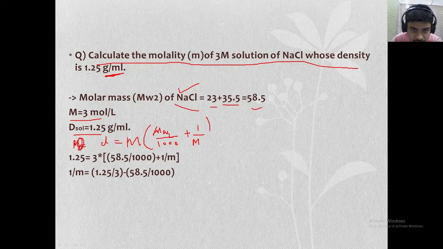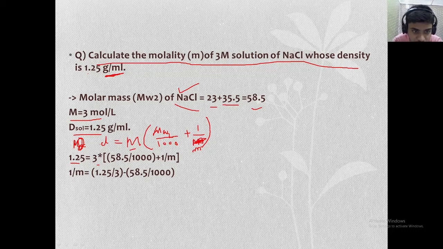This is a very handy formula. Sorry, it will be molality m, small m. So 1.25, the density of the solution, equals molarity 3 into molecular weight of the solute 58.5 of NaCl by 1000 plus 1 by m. So it becomes very easy.